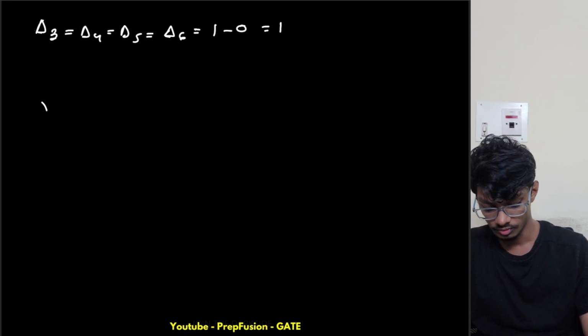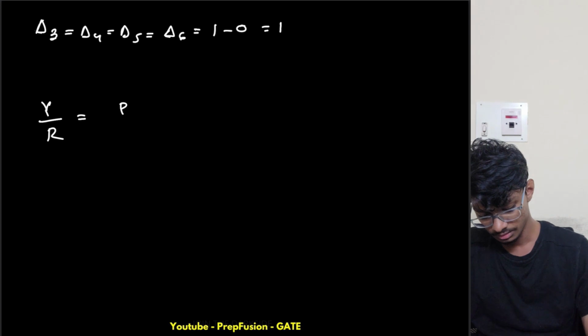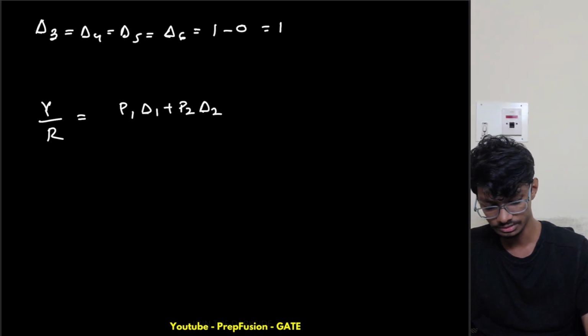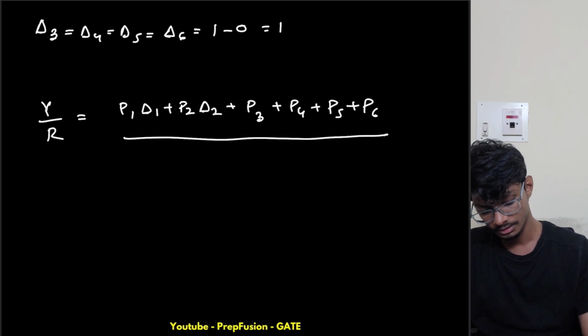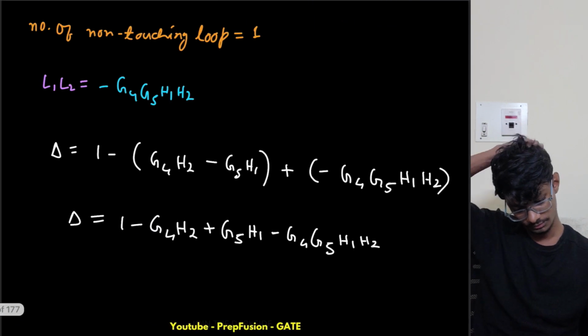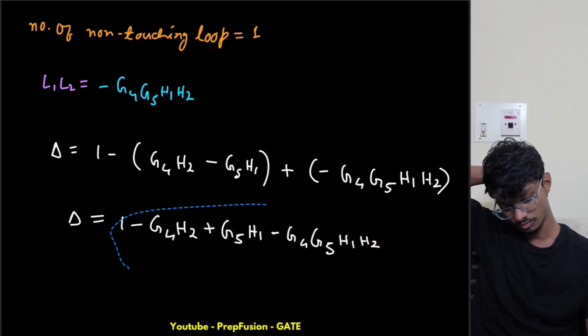So what will be y by r? y by r will be simply P1 by delta 1. You just put this in the equation, you get the answer. I am not putting this in the equation right now. Delta 3 and the rest are 1 only, and in the denominator we have a single delta. I have calculated the delta here and put this here. So let me copy and paste this over here.